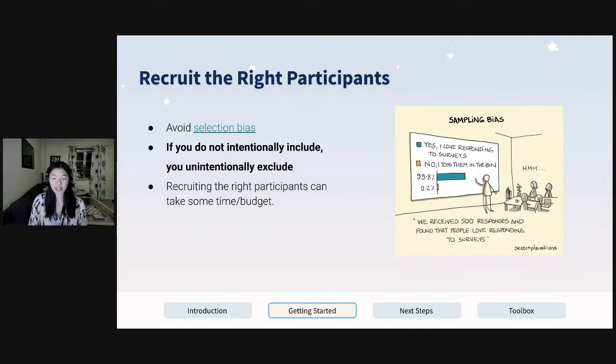Sometimes it's a bit sensitive talking about the different areas you can be thinking about, like diversity and inclusion: race, ethnicity, age, ability, sexual orientation, religion.